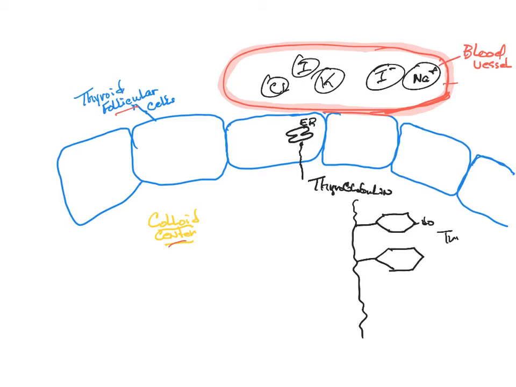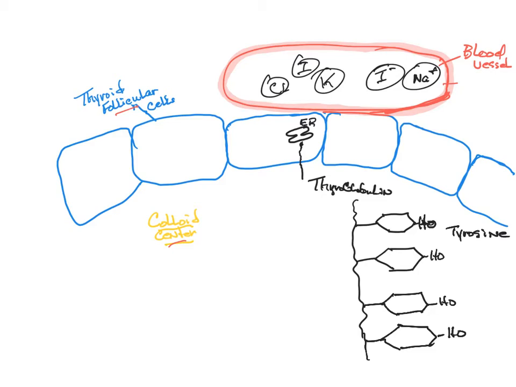Tyrosine, that's T-Y-R. These tyrosine chains will be attached to this thyroglobulin, and there will be many of these. So we have our thyroglobulin, produced by the endoplasmic reticulum inside the follicle cell, and these thyroglobulins are large protein chains that have tyrosine attached to them.